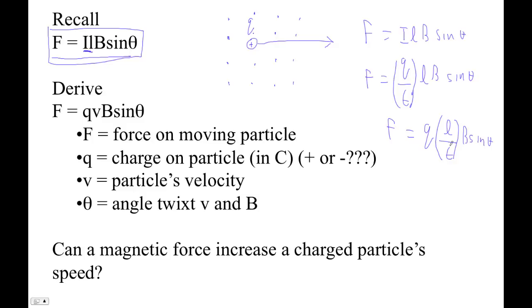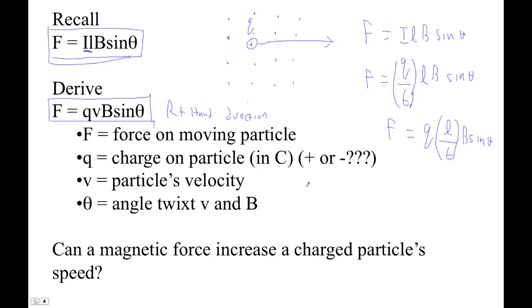And of course, a length divided by a time, in other words the distance it travels, is just a velocity. So you end up with the force on a moving particle being QVB, and this is, of course, in the right-hand direction.